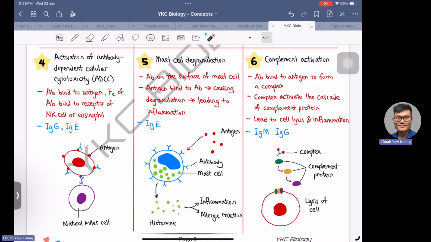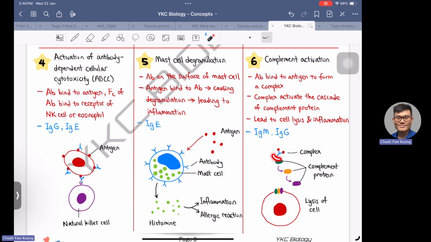Lastly, we will look at outcome number 6, complement activation. The antibody can bind to the antigen and form a complex called the antigen-antibody complex.